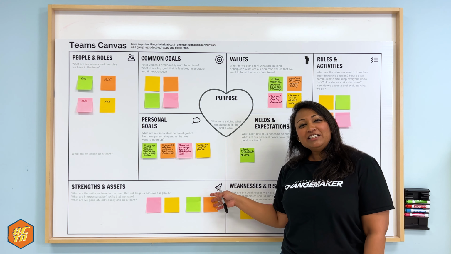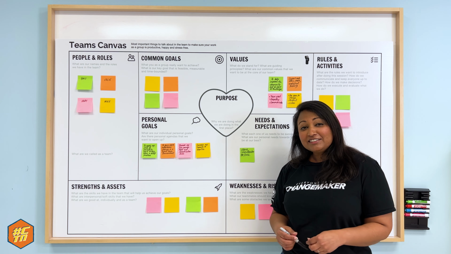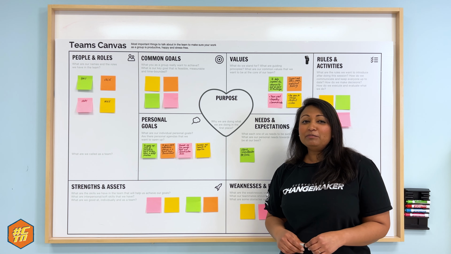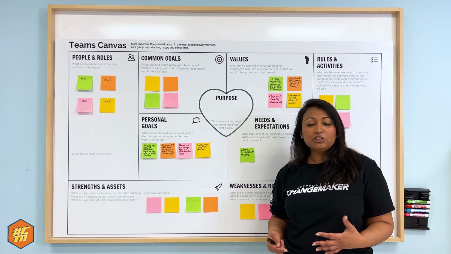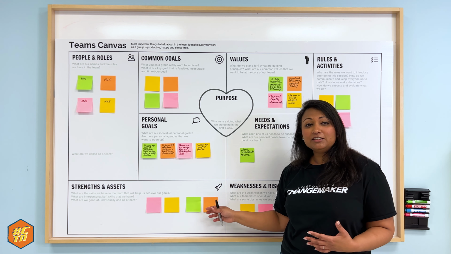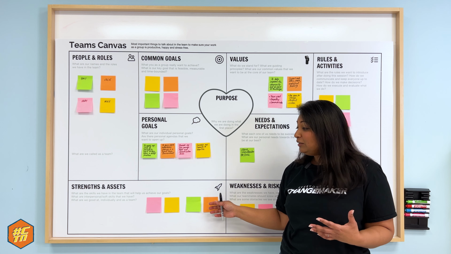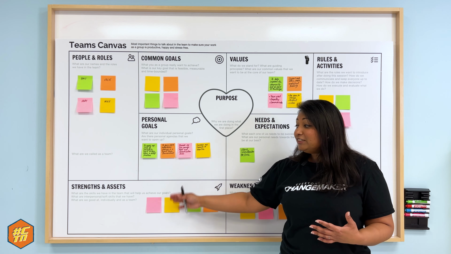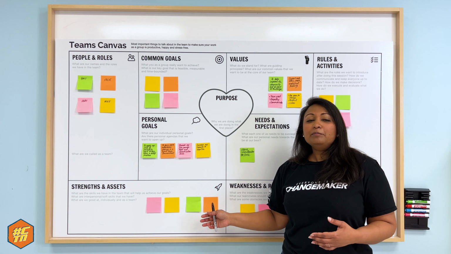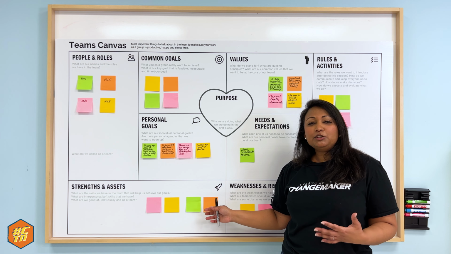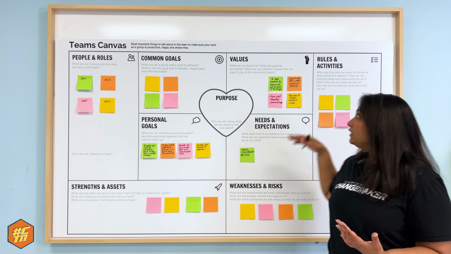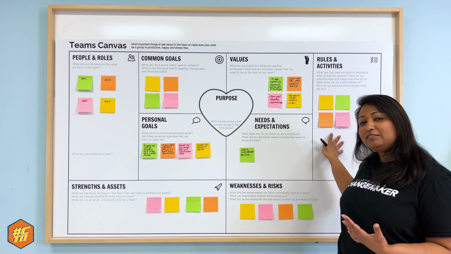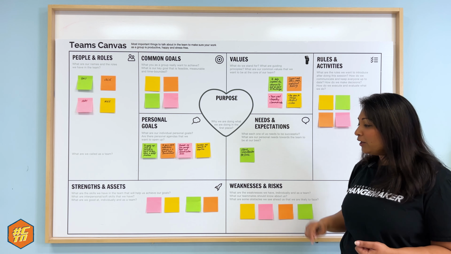Okay, and then we're moving into strengths and assets. So every team member is bringing in an abundance of wealth and information and values into this team and this space. So tell us what you're bringing in, because that is going to help us determine what your roles could be, and what kind of activities you might be the go-to person for.